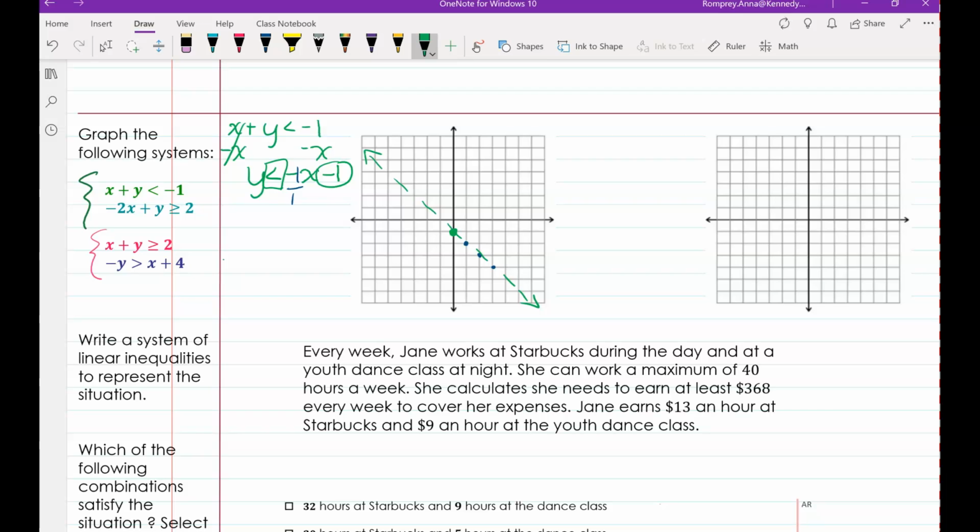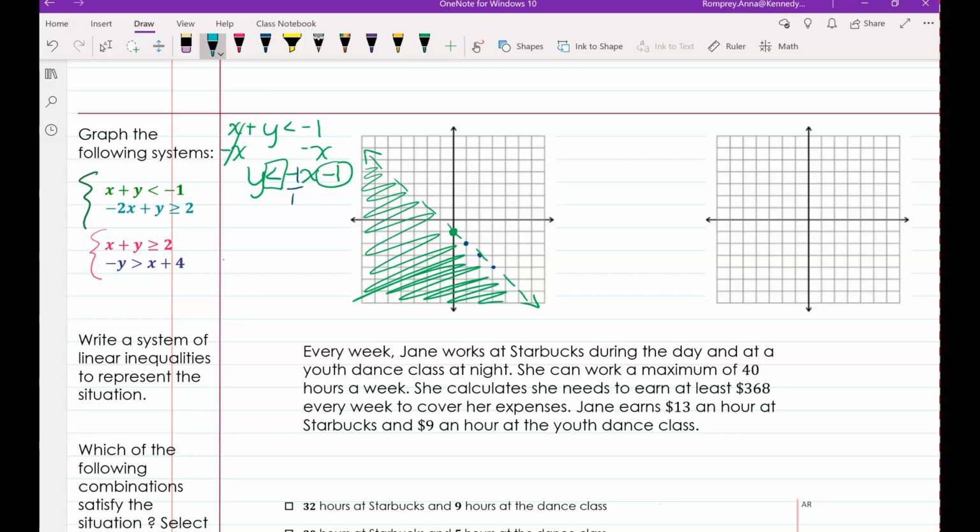So the solutions are not on this line. So 0, -1 is not actually a solution. It won't make that statement true. But all of the stuff less than it will. So since it's less than, I'm going to shade below my line. Cool beans?